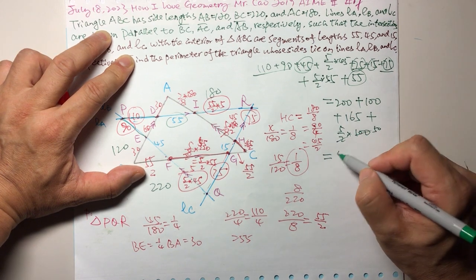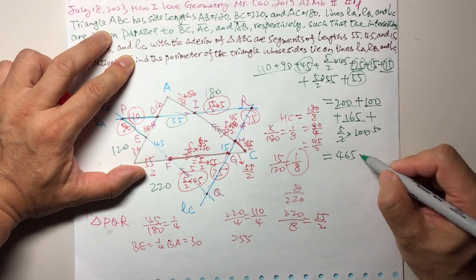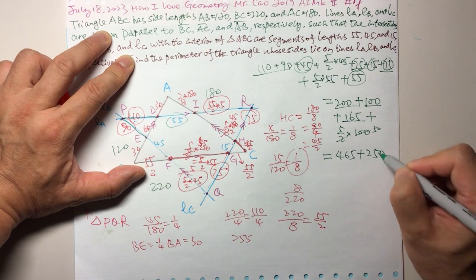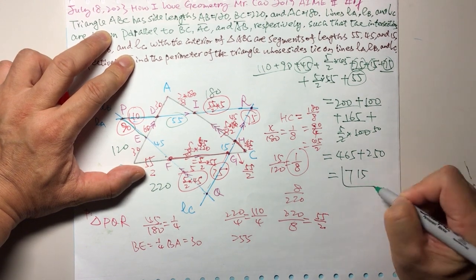So that's 300, 465, plus 250. So that will be 715. Done.